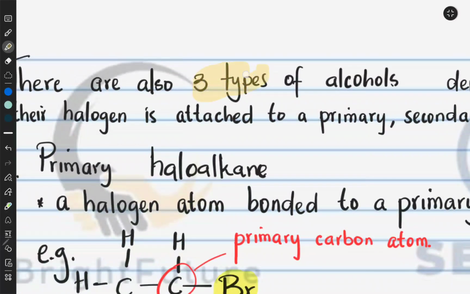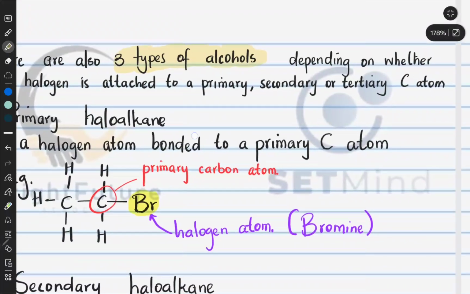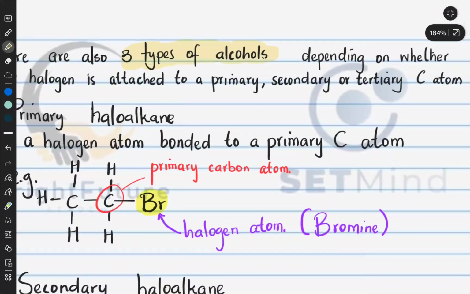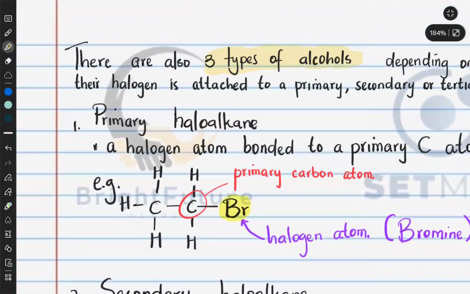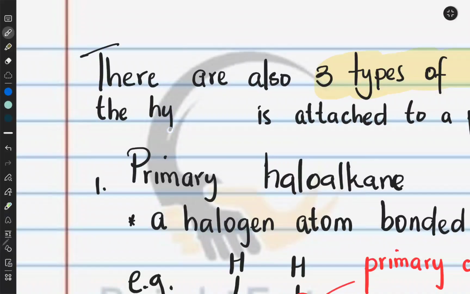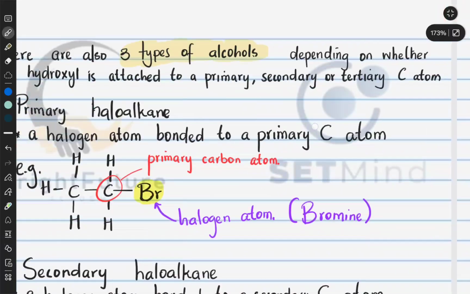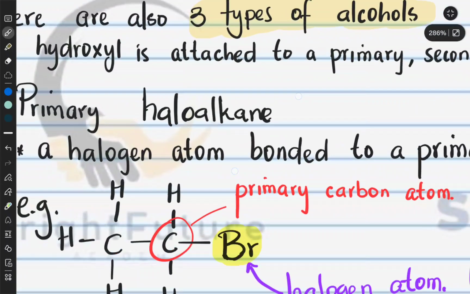So we have three types of alcohols, okay? So it all depends on whether the hydroxyl group is attached to a primary, secondary, or a tertiary carbon atom.